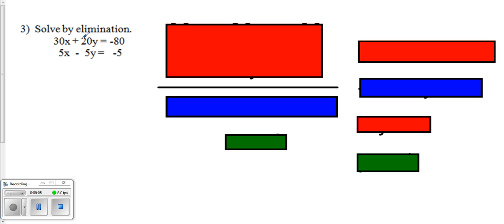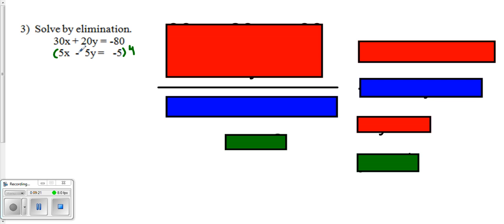If we look at them, 20 and 5, it'll be pretty easy to get those to say the same thing. We just have to multiply this bottom equation by 4. We don't even have to multiply the top one, because negative 5 times 4 would make negative 20.